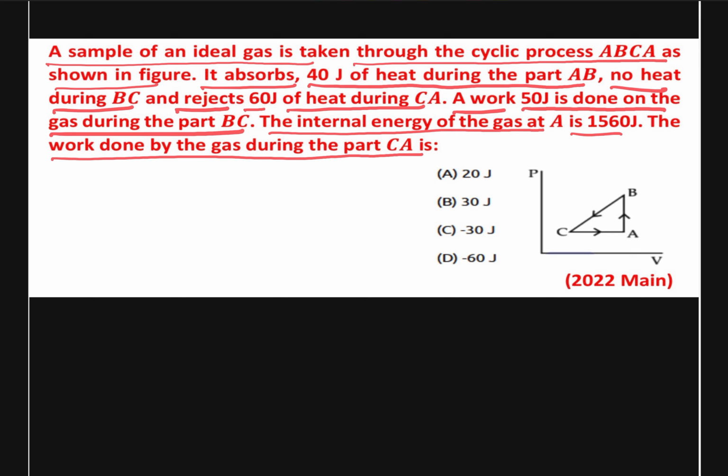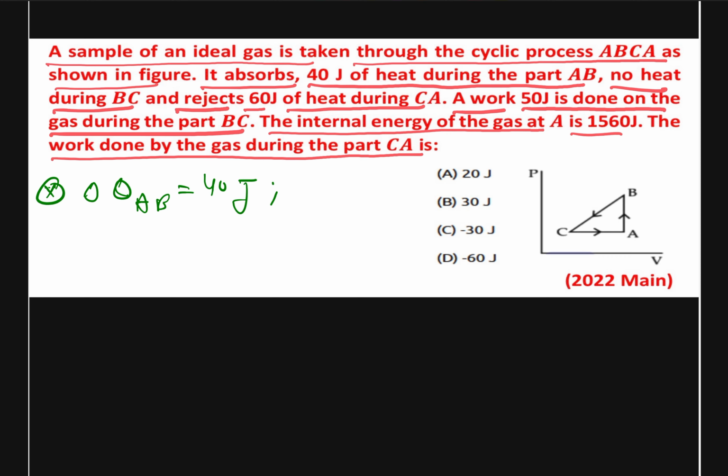So in this case, we can say that in part AB it says that it absorbs 40 joule of heat. So for AB we can write our delta Q of AB is 40 joules, and during CA it rejects 60 joules.